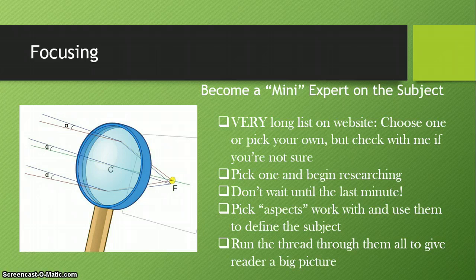Run a thread through all of these, and this is what will help give the big picture to the reader. Now listen, don't wait until the last minute. Pick an aspect, pick something, and start reading. You're going to need every minute you can to work with this.